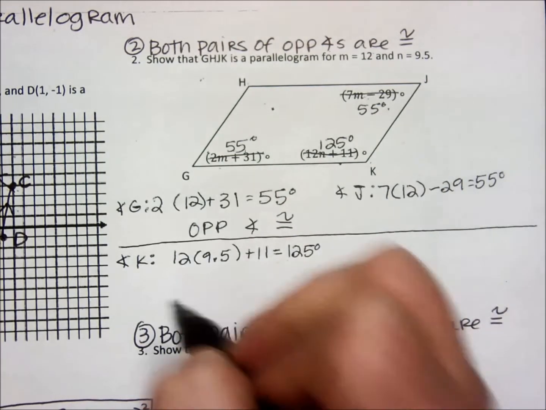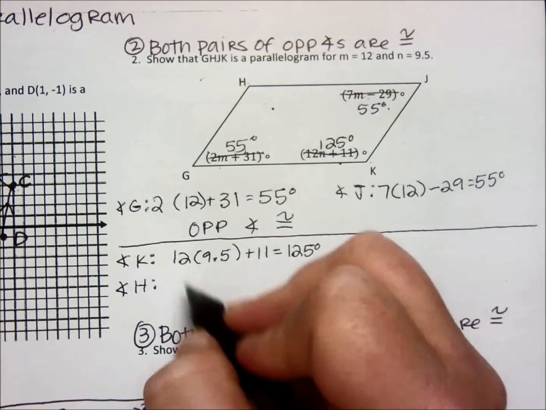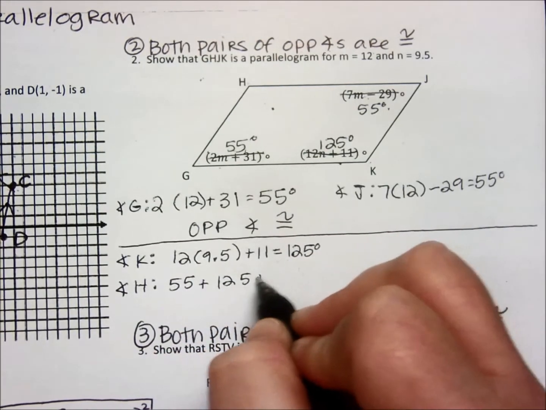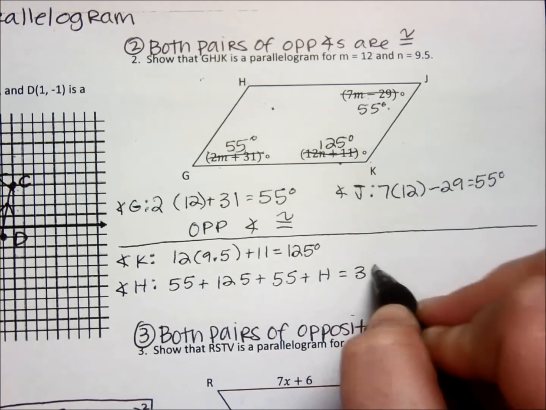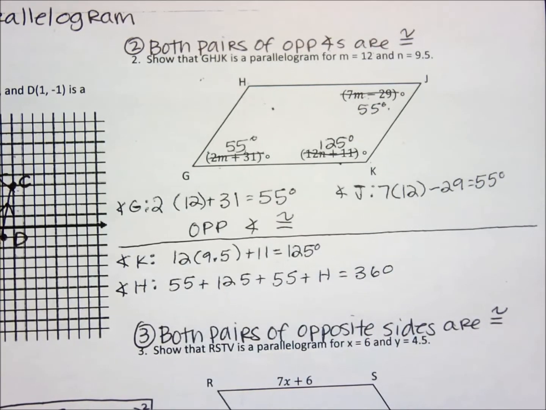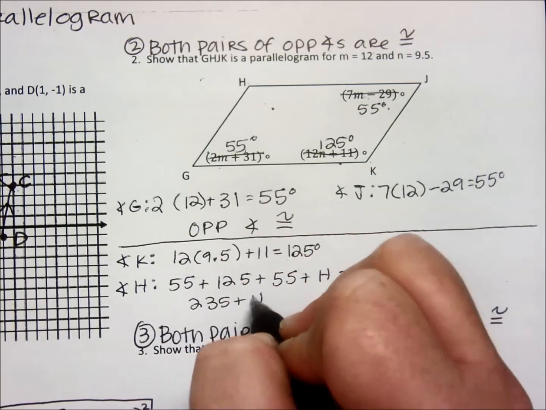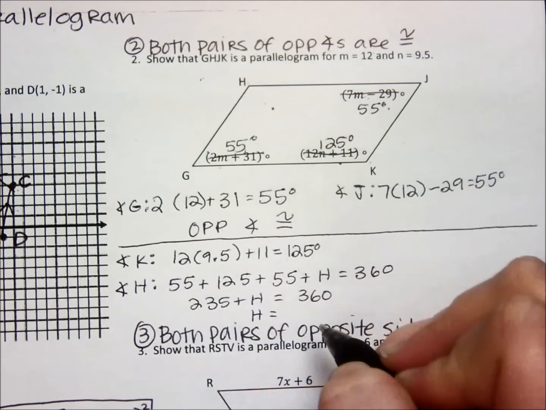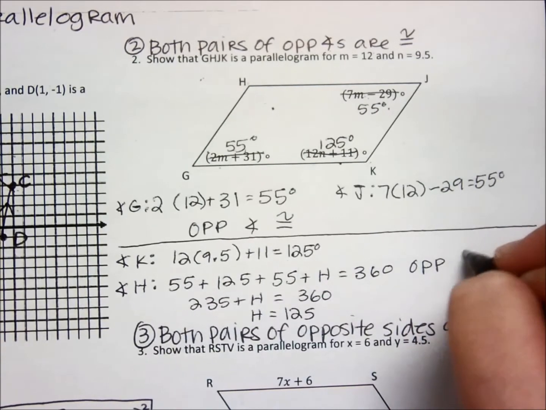So to find angle H, I'm going to say that 55, angle G, plus angle K, plus angle J, plus angle H should equal 360. So 55 plus 125 gives me 235 plus H equals 360. And then 360 minus 235 gives me that angle H is equal to 125 degrees. So now I have another pair of opposite angles that are congruent.